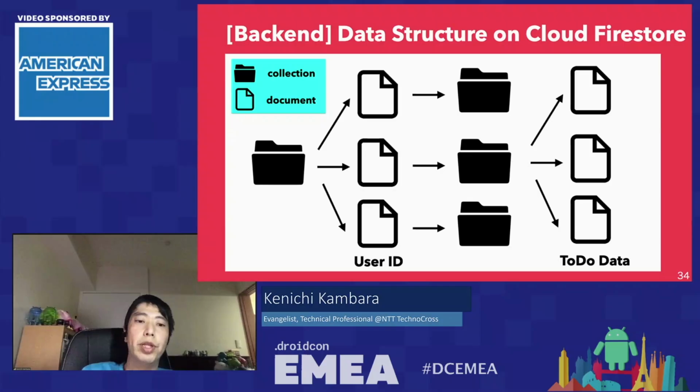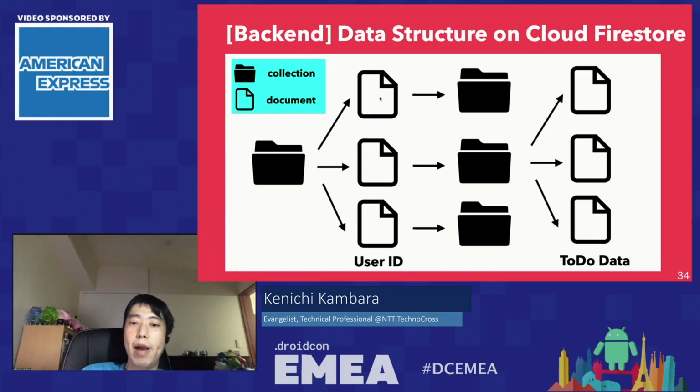I'd like to show more details based on my app. In my application, I put one collection for storing multiple users. Furthermore, I need to store to-do data under the user document. Unfortunately, I cannot place to-do data directly under the user ID document.